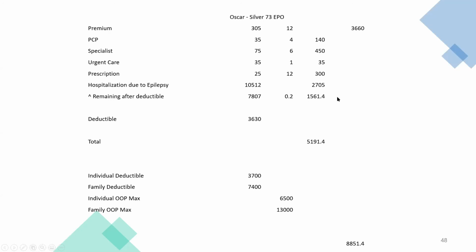So typically someone like this, where they've got a much lower deductible and out-of-pocket max, and they have some serious conditions that need to be considered, I'm typically going to be leaning on the silver plan.